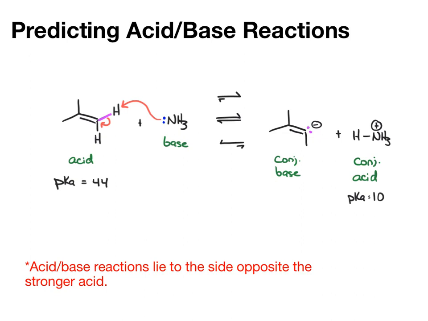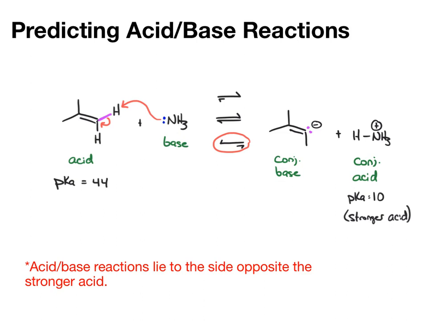So following our rule, acid-base reactions lie to the side opposite the stronger acid, and the protonated amine is the stronger acid. So this reaction lies heavily to the left side. So what does that mean in reality?